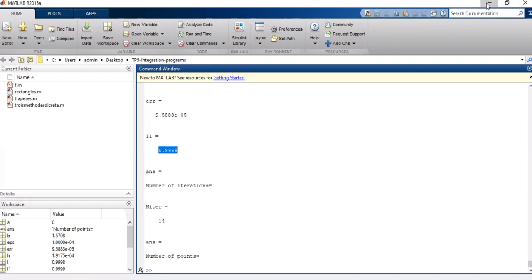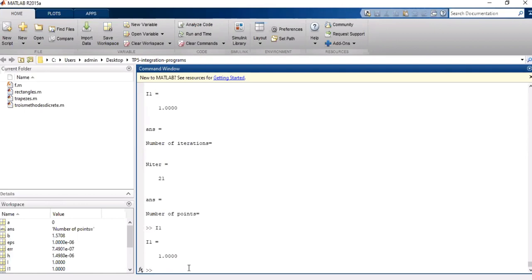If I take, for example, 10 to the minus 6, let's see what we get. So I1 is equal to 1, because this is the maximum precision that the computer can show you, 4 digits here, but it's up to 10 to the minus 6.